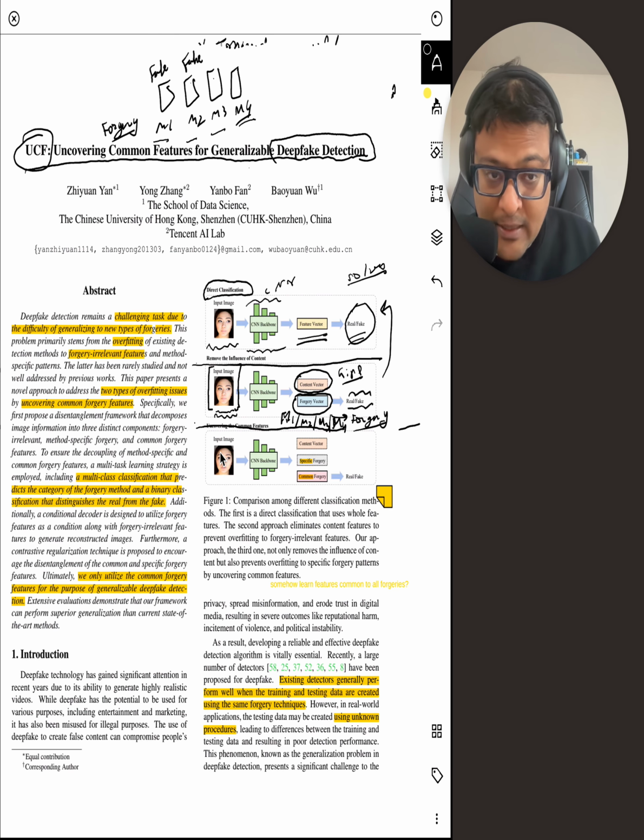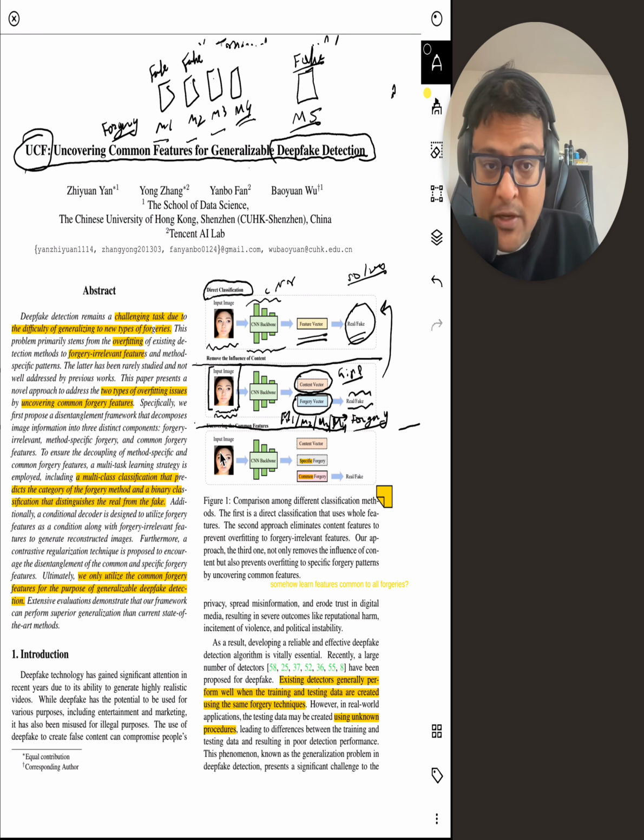Now, during inference, if you have another fake image which has been generated by another model, let's say M5, and you feed that to the network, then the network will not be able to understand it, because it has never seen the forgery feature from M5 before.